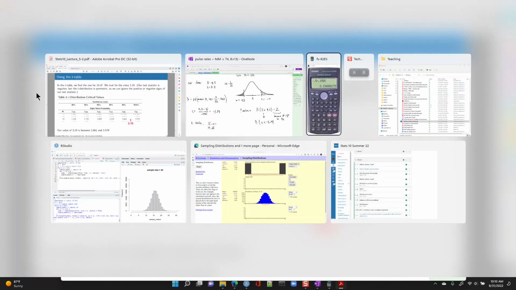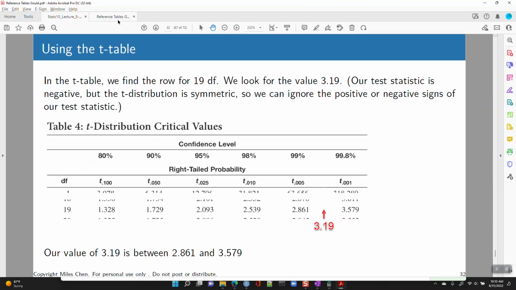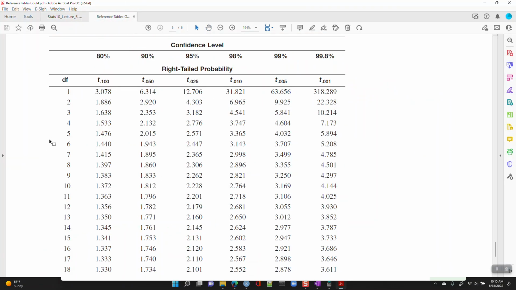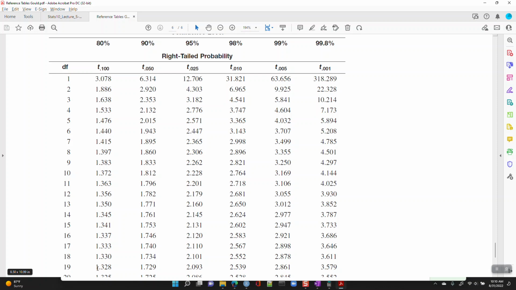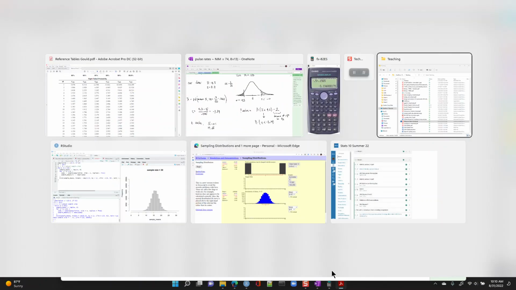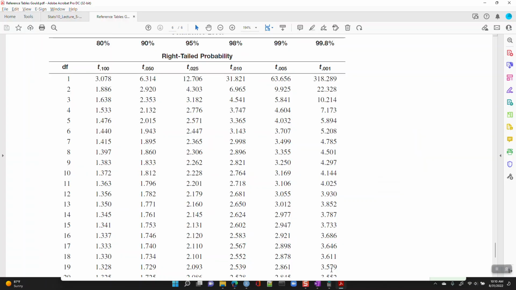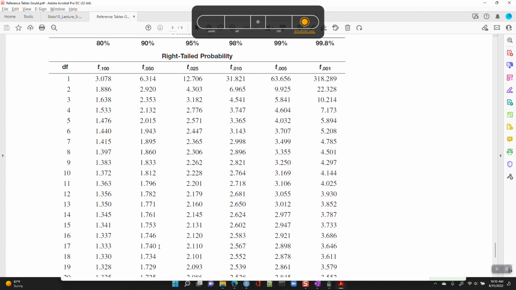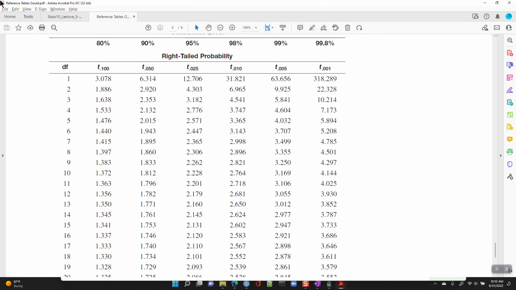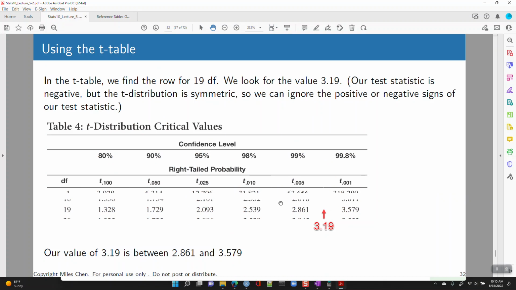When you go to the t table, we'll go to 19 degrees of freedom, and we see this row of numbers: 1.328, 1.729, 2.093, etc. I just copied that one row, 1.328 to 3.579, right here. And we ask, where does my test statistic 3.19 fit?